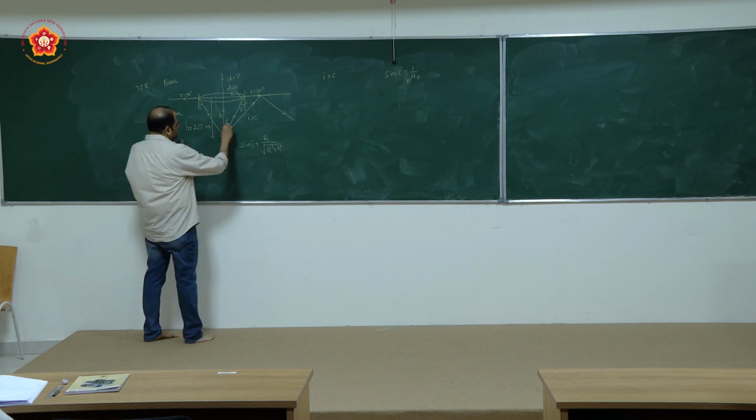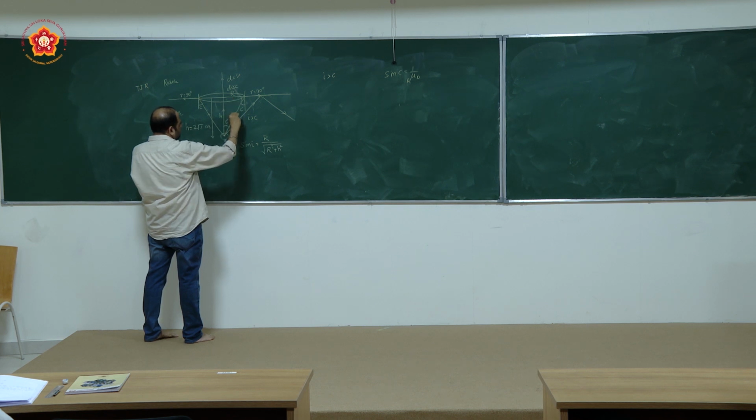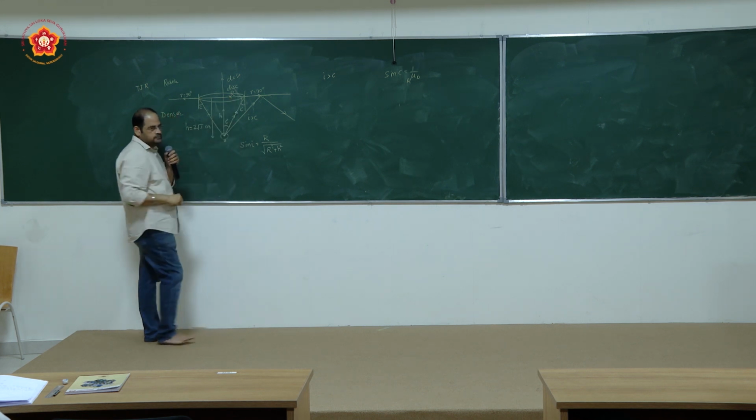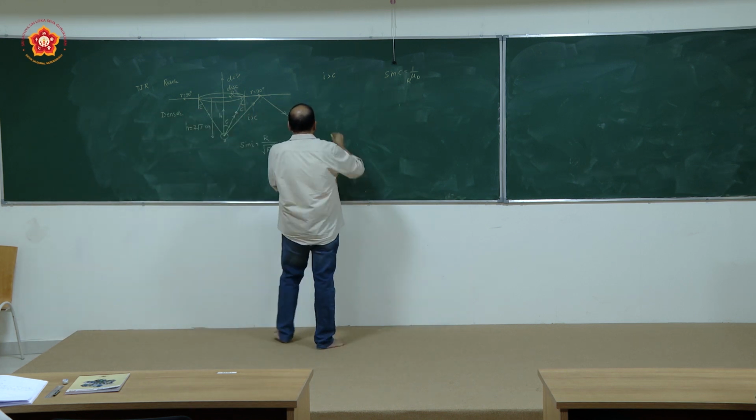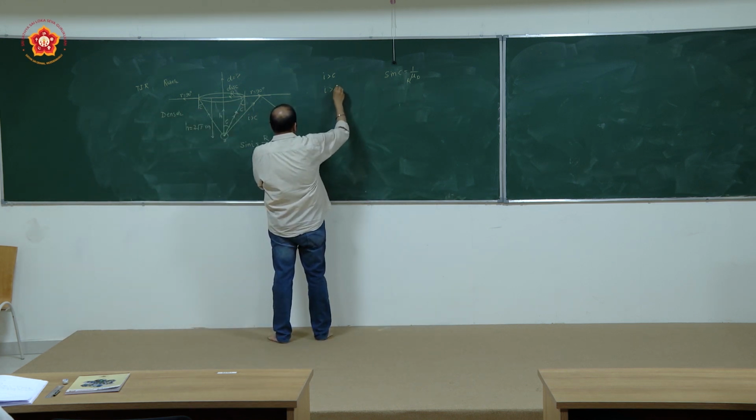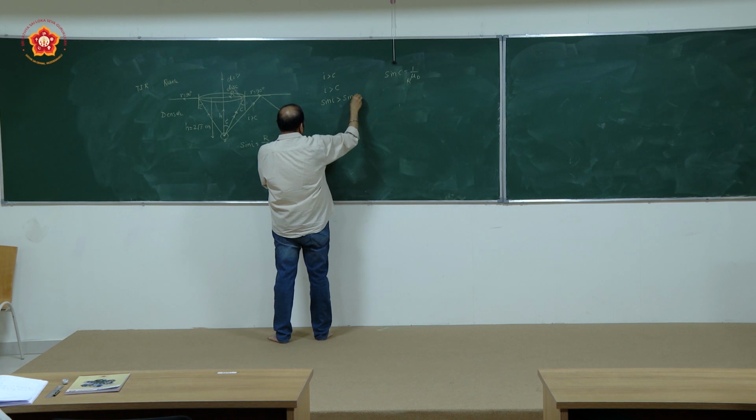Suppose this is the angle of incidence here. So sine of I will be opposite side upon the hypotenuse. My condition here is very clear that I should be greater than the critical angle here. So sine of I should be greater than sine of the critical angle.